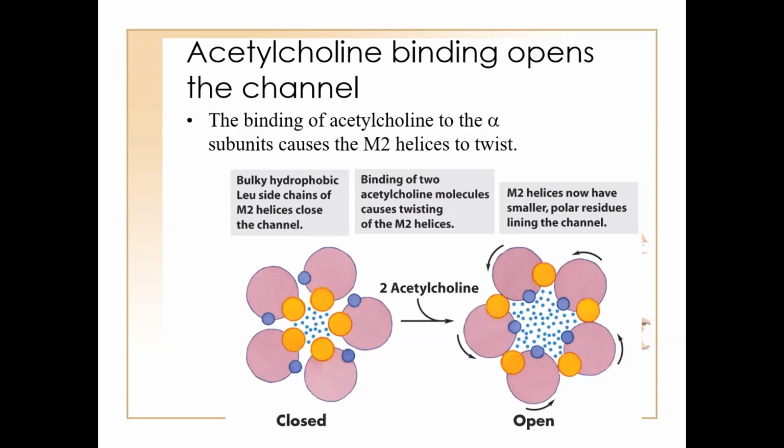Other ligand-gated channels work in a very similar way. So the GABA channel, which is a chloride channel, also rotates when GABA binds, opening it for chloride. So this turns out to be a motif that was confirmed with other channels. They work about the same way. And remember, many of these channels are targets for drugs.